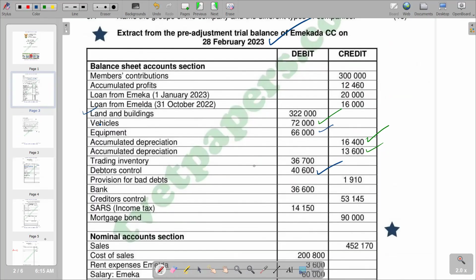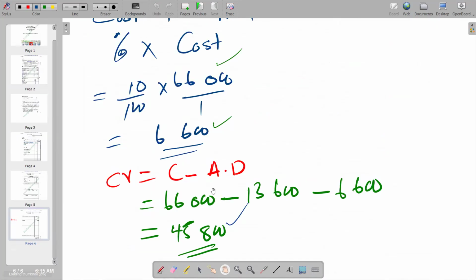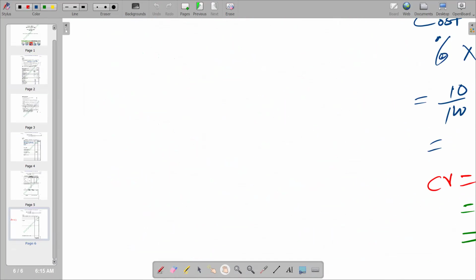So let's take note of the components of trade and other receivables.